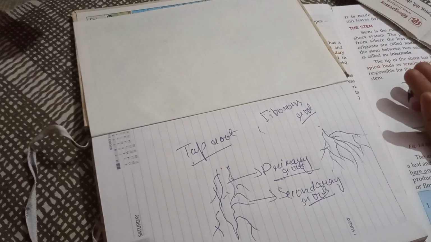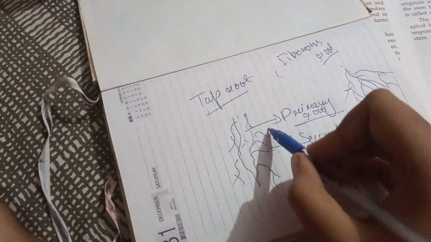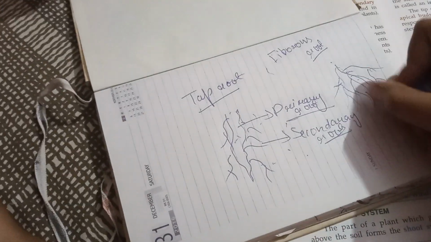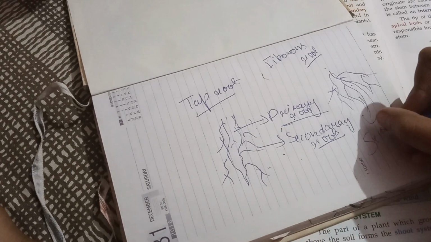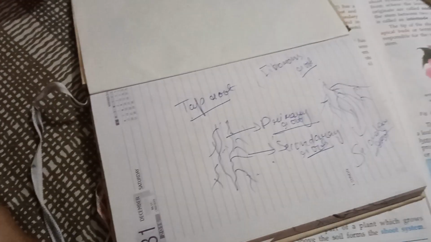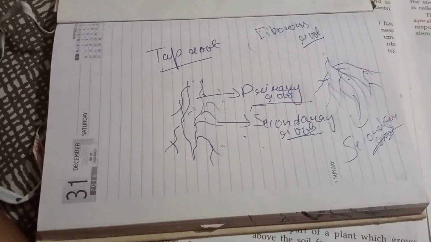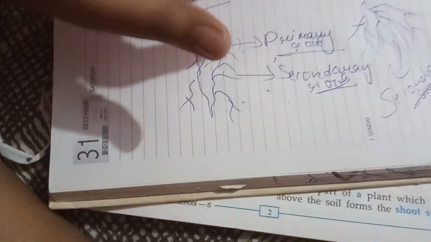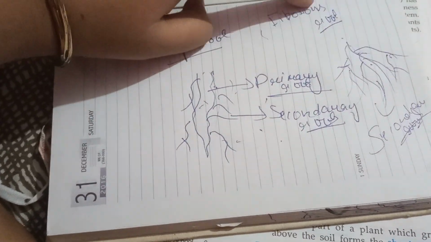In the taproot there are two parts, primary root and secondary roots, right? And here it doesn't have any part, there are only secondary roots, right? So these are the two diagrams for one taproot and another fibrous root.